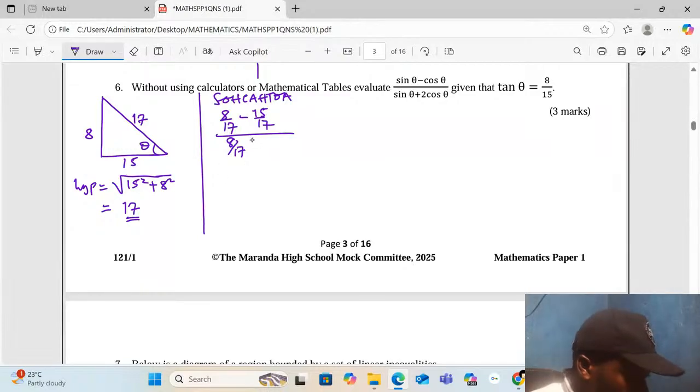Then we have plus 2 cos theta. So 2 cos theta is 15 over 17. So let me check.